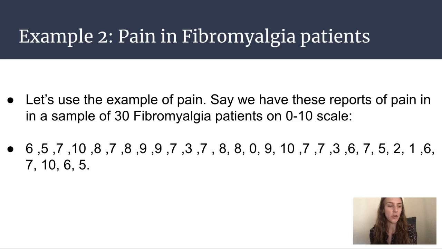We're interested in measuring pain even if it is difficult. So let's go ahead and give this a try as well. We have a sample of 30 fibromyalgia patients who are reporting their pain on a scale of 0 to 10.